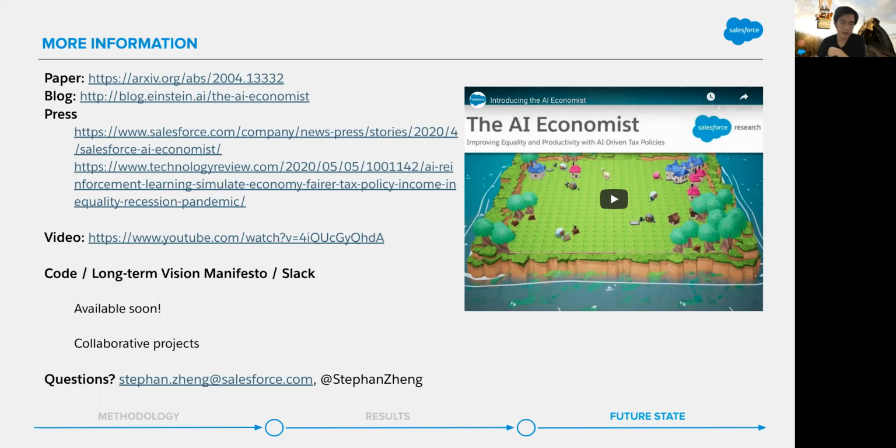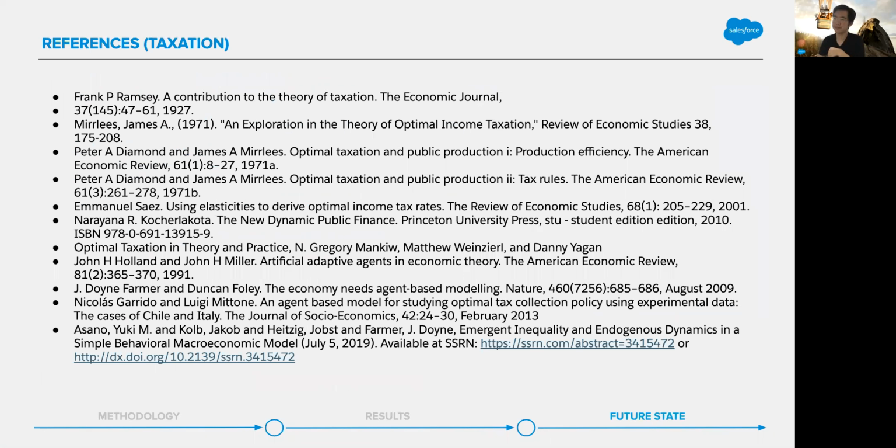There's a lot of potential here, but as you can see and appreciate, perhaps there's also a lot of public debate that will have to happen in the future around the correct use of this type of technology. But we are working on making that open source, and I'd love to work with some of you as well if you're interested in this type of research. So you can always reach out to me if you're interested.